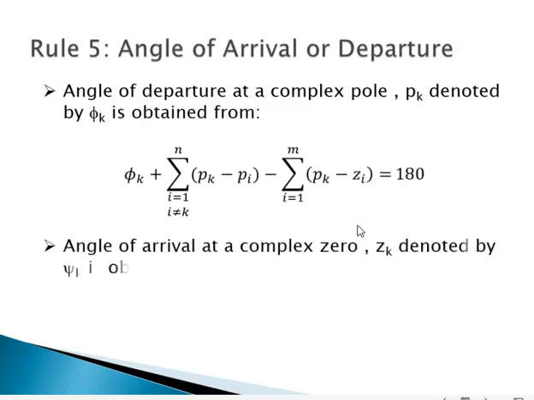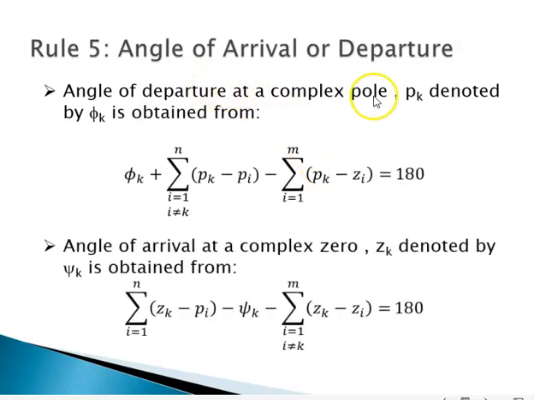The next important thing is the angle of departure and arrival. I would strongly recommend you remember this rule. This comes from the angle criterion: the sum of angles from all the poles other than the pole we considered. For example, you are trying to find the angle of departure at p sub k.